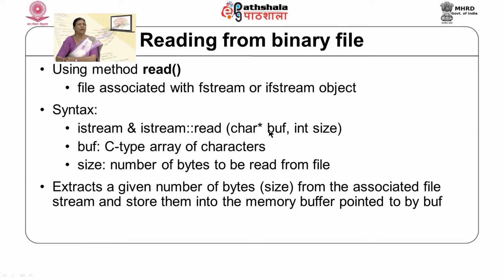So, the first one is a pointer to a character, similar to a C-type array of characters, and size is the number of bytes to be read from the file. So, when we say read, it extracts size number of bytes from the associated file stream, and those extracted bytes are stored at the address which is given in buff.